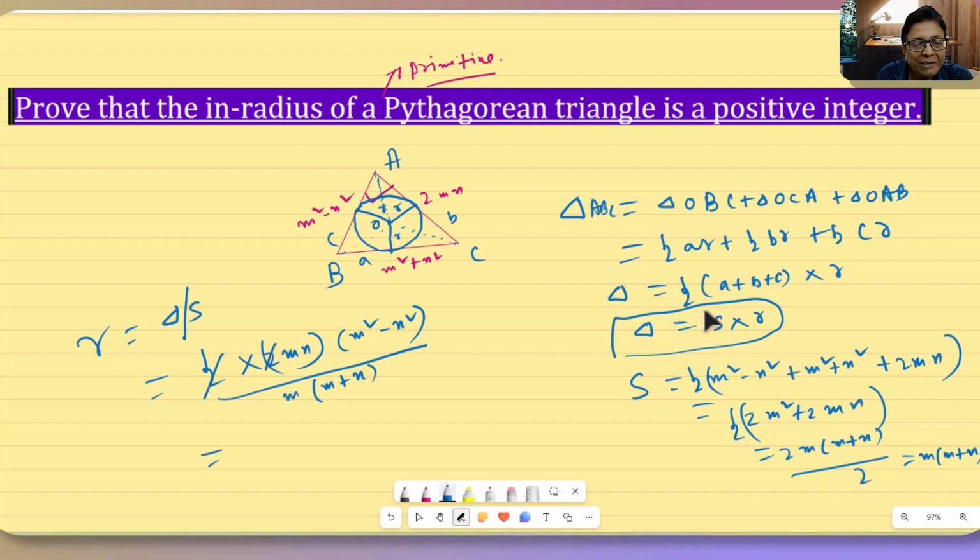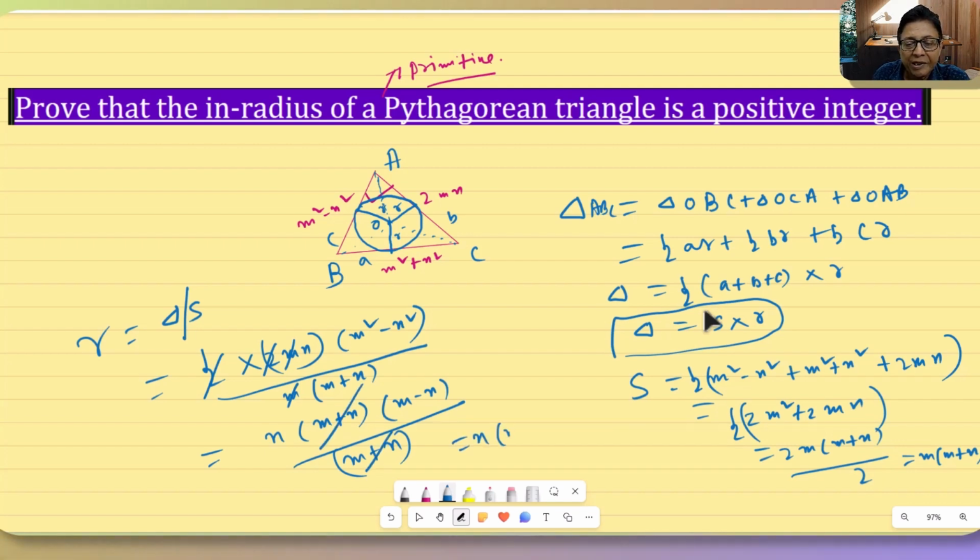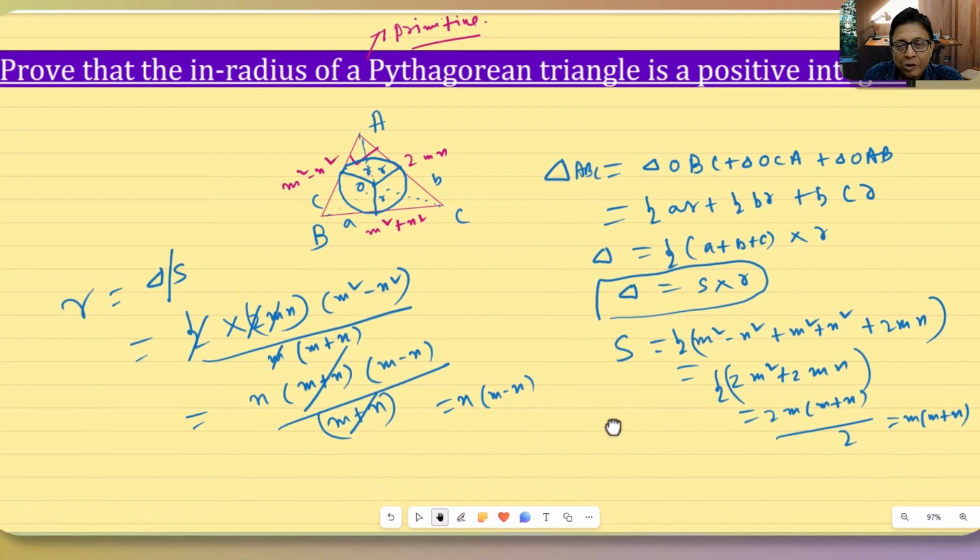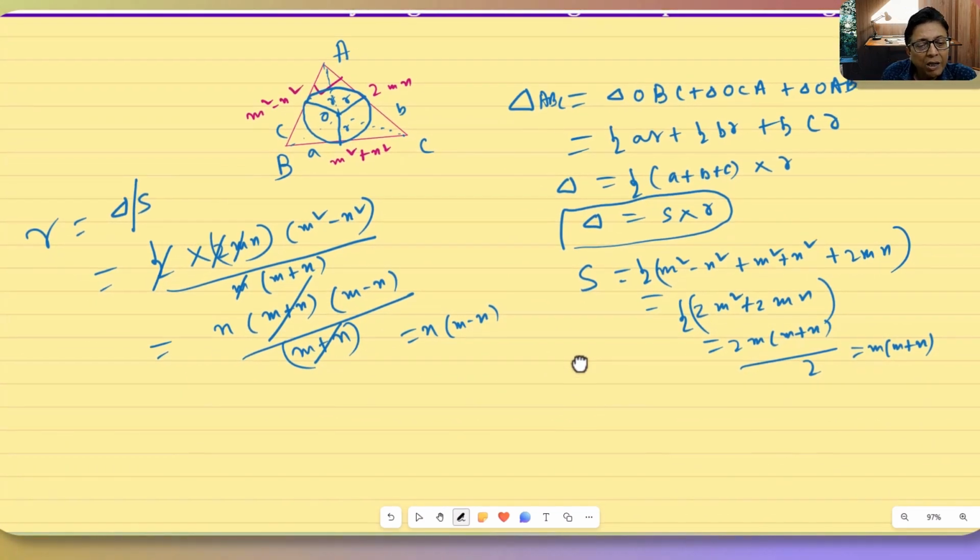So these two get cancelled, m also gets cancelled, n into m plus n, m minus n by m plus n. Clear? These two get cancelled. This is going to be n into m minus n. So the radius is r equal to n into m minus n.